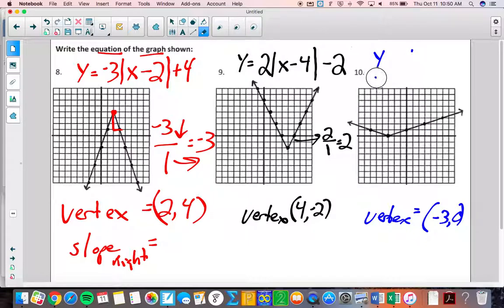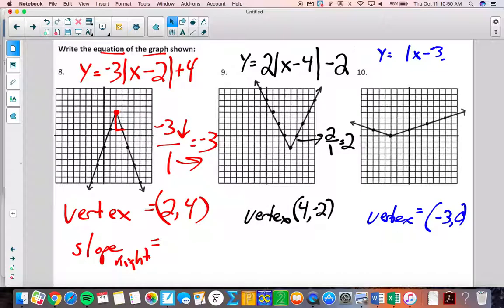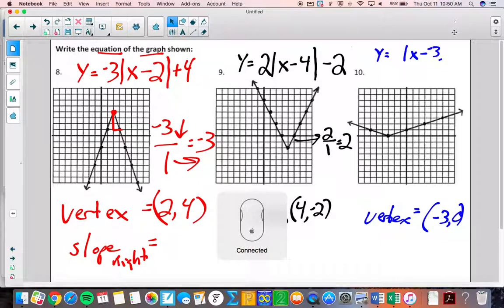What's getting subtracted from x is negative 3. And then the y value is whatever is getting added to the outside of the absolute value. And what's getting added to the outside of the absolute value is 0.